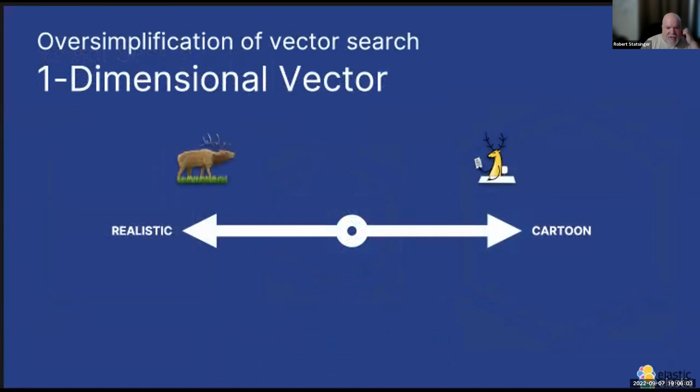So let's talk through a really simple initial discussion here of the mechanics of this. Let's say we want to build an image search application that's incredibly simple. Well, we might pursue this by first building a model that classifies images. So we can imagine, for example, a dimension on which we're going to characterize images. And we'll call this dimension the realisticness or cartoonness of the image.